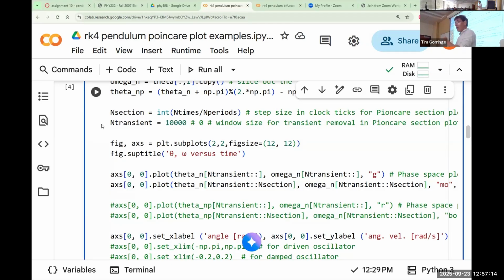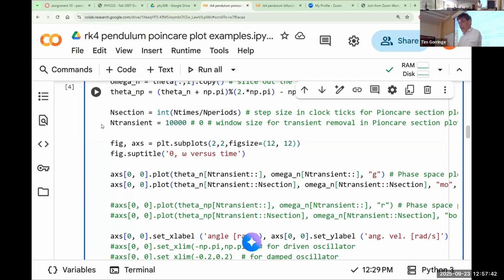So if I wanted to plot the phase space trajectory of the particle, I could just plot the values of theta n and omega n versus time. We did that in the last class. But I also want to just plot those coordinates, theta and omega, stroboscopically once every period.